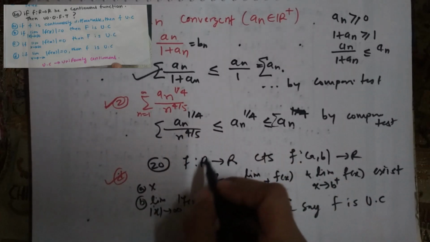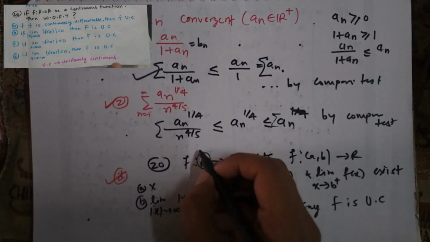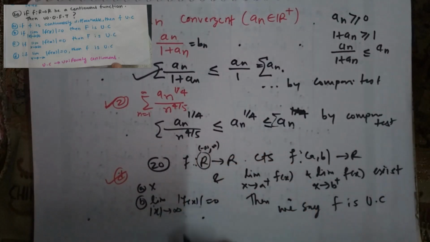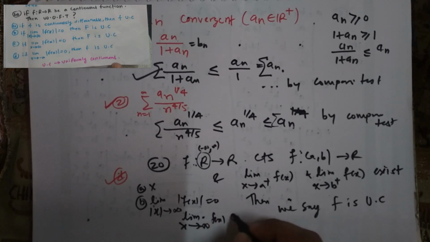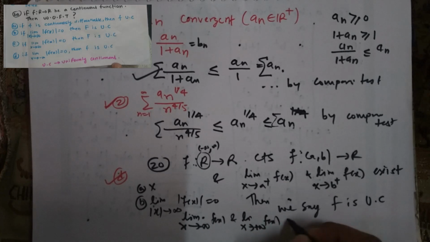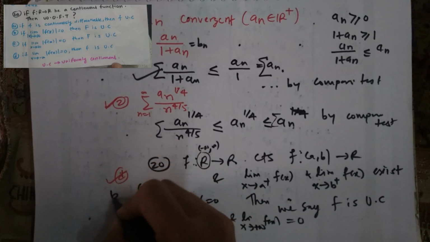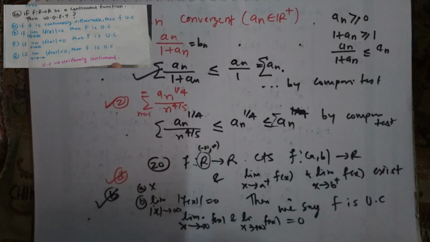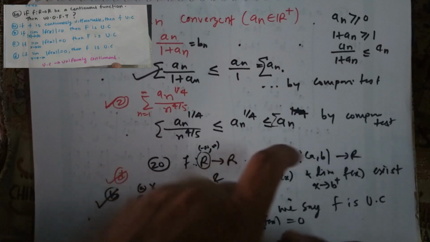If we have a function from R to R, in this case my open interval R is nothing but minus infinity to infinity, so |x| tends to infinity means that limit x tends to minus infinity f(x) and limit x tends to plus infinity f(x) both exist and are equal to 0. So by this result our option B is correct, because both the left hand as well as right hand limit exist, hence option B is correct.